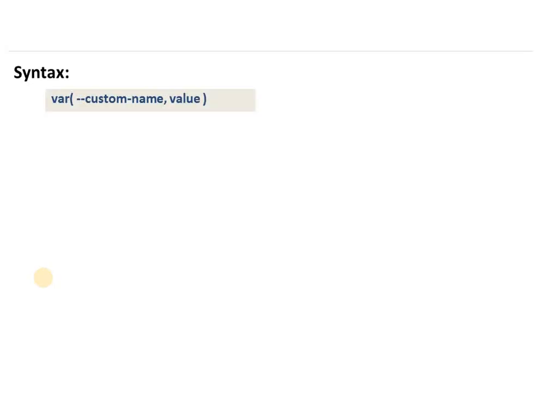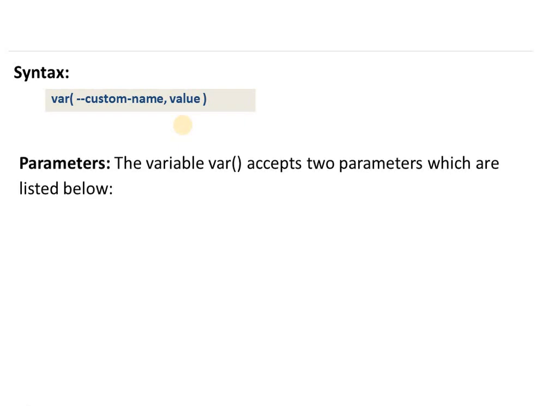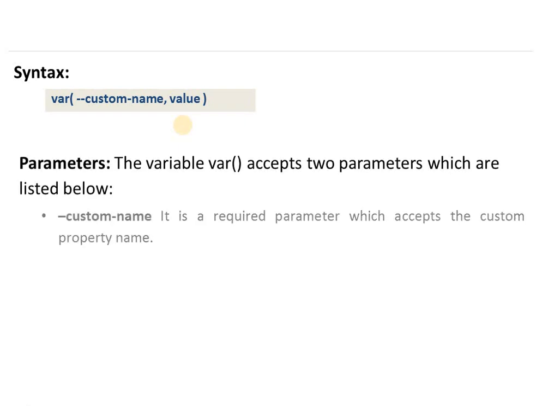Now, the syntax of how we can declare a variable is like this: var, that is our function. Under round brackets there are two arguments. The first one is the custom name and the second one is the value. The custom name is a required parameter which accepts the custom property name.